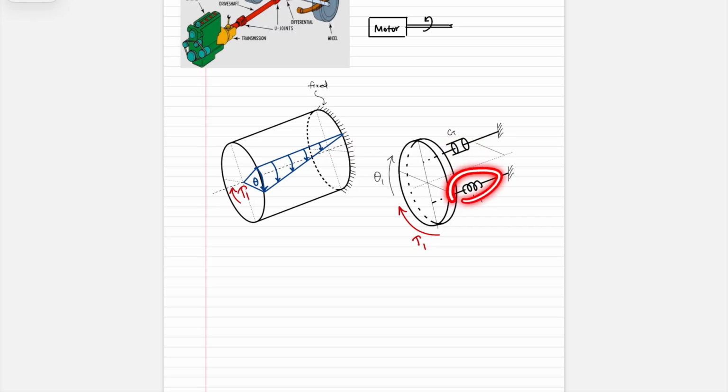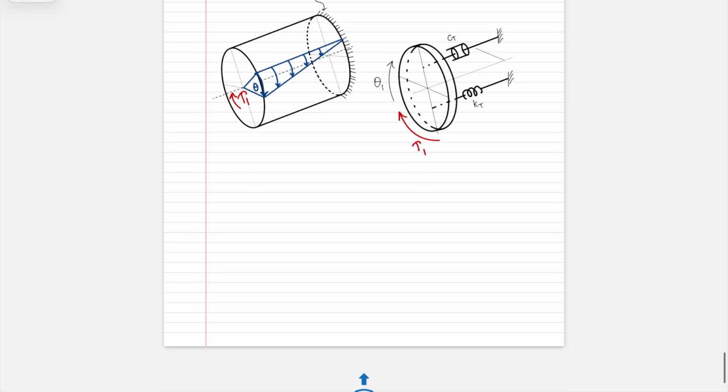Of course, the torsional spring is going to capture the elastic deformation, which is how this shaft would spring back to its original configuration when this torque is removed, and the torsional damper is modeling all the losses. So the heating that happens in this shaft, any kind of sound or creaking, all of these things are modeled using the torsional damper. So this is an equivalent model.